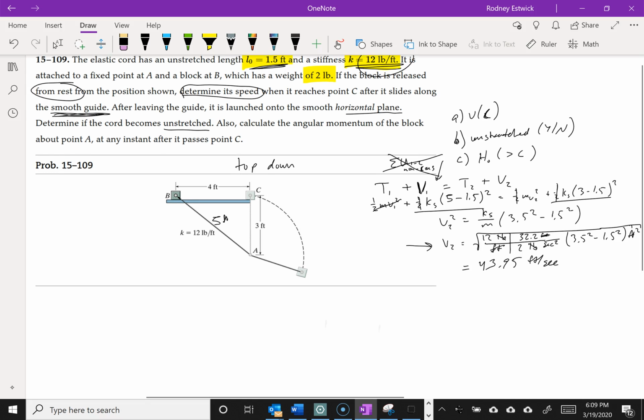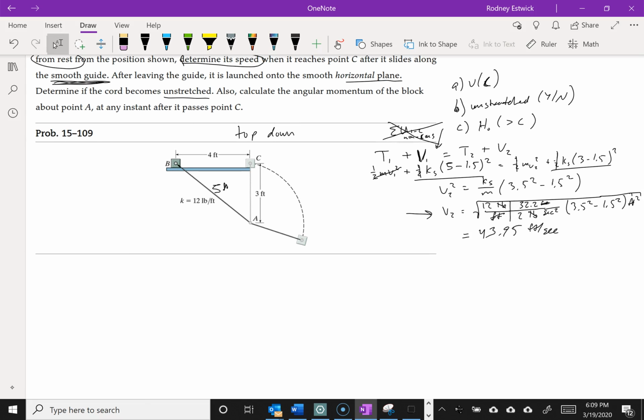All right, so what about unstretched versus not unstretched? So we're going to emerge from this guide with this tangential speed here, this angular speed. And the question is, will that rubber band pull it in first? So let's compare the force of the rubber band, which is going to be 12 pounds per foot times 3 minus 1.5 feet.